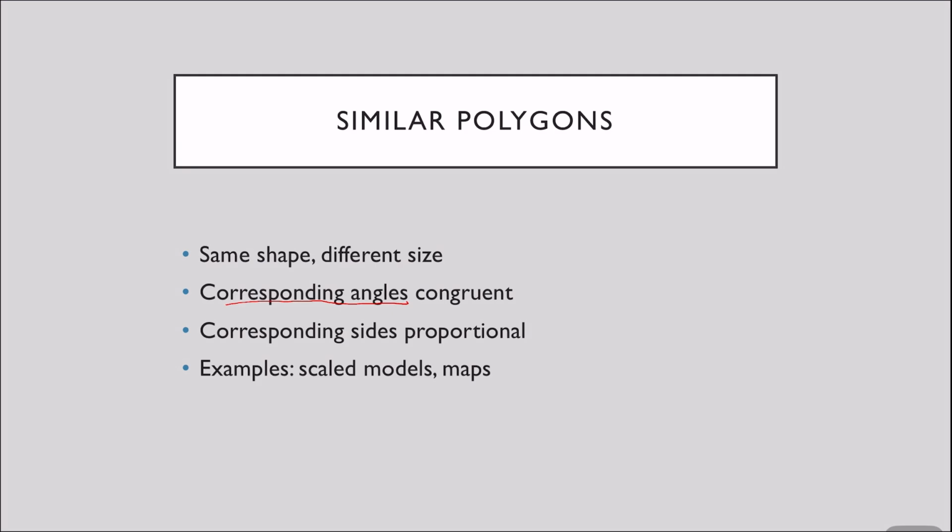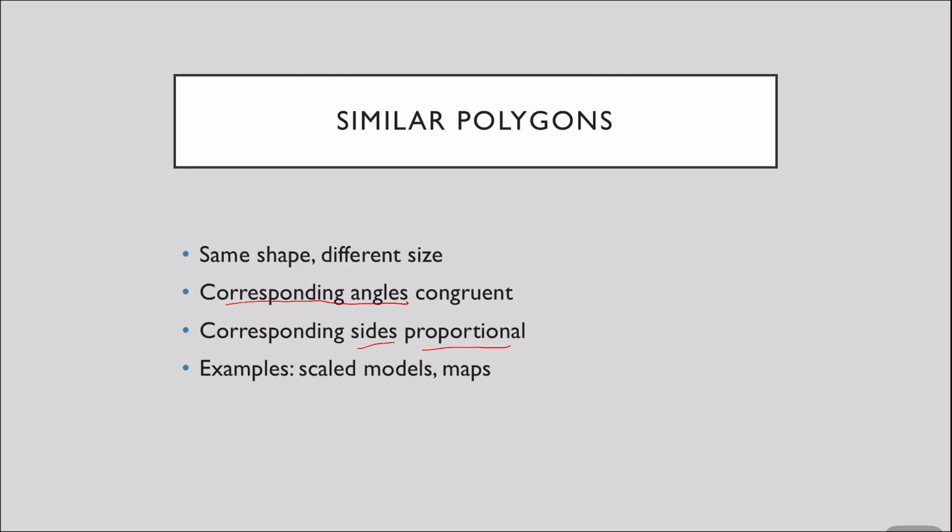When I say corresponding angles, ito yung they have the same shape. So the angle on the same part of the shape would be congruent, or they're the same. Corresponding sides are, take note, sides are proportional. So merong ratio, okay, between the two similar polygons.